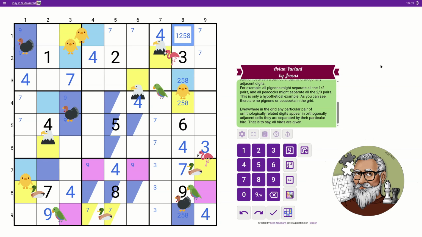Then we need a 1. Right. Anything else I can eliminate? Doesn't look like it. 2, 5, and 8, they all can be blue, I guess. Right?